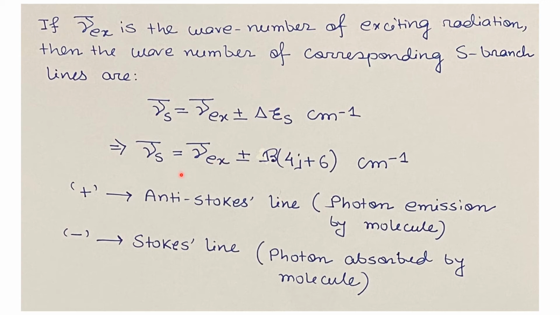So, we can write nu S bar equals nu Ex bar plus minus B times 4J plus 6 in centimeter inverse. Here plus sign refers to the anti-Stokes line. This line comes due to the photon emission by the molecule, and the minus sign refers to the Stokes line. This line comes due to the photon absorbed by the molecule. We will discuss the anti-Stokes line and Stokes line in detail in the upcoming slides.